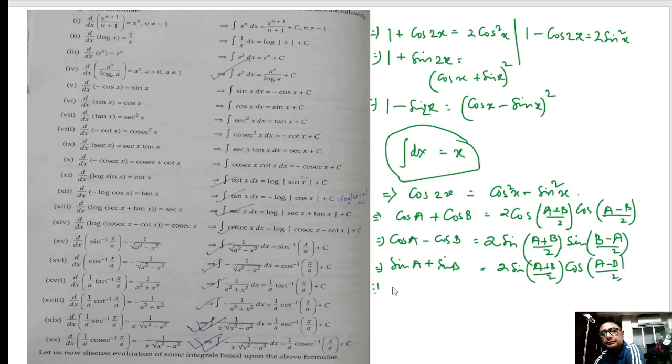Similarly, sin A minus sin B is 2 cos (A plus B) by 2 sin (A minus B) by 2. So using this, let's see.